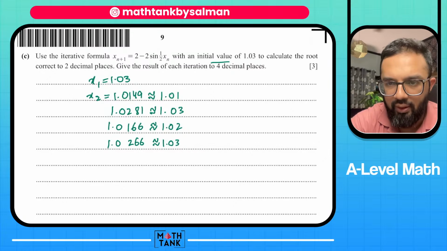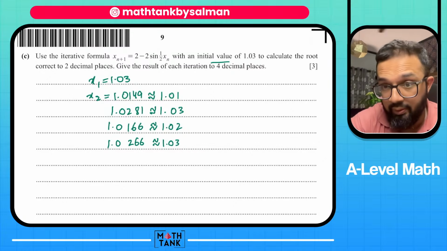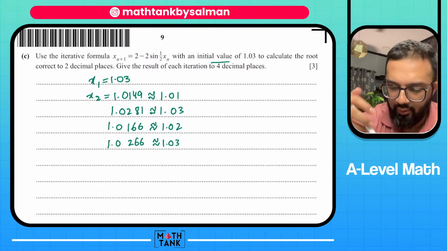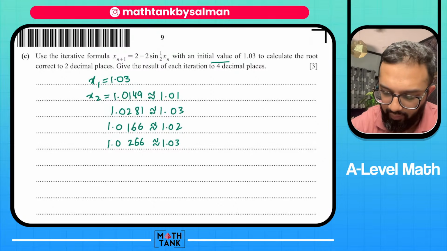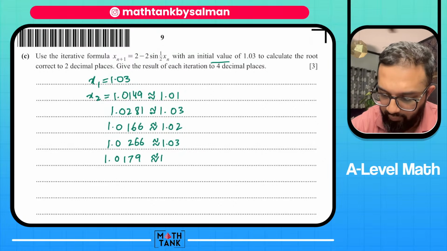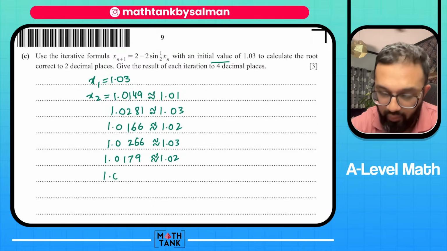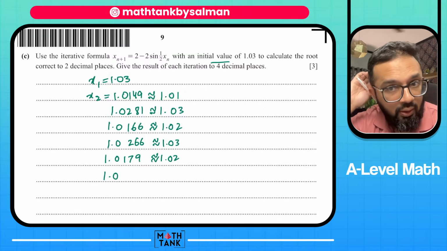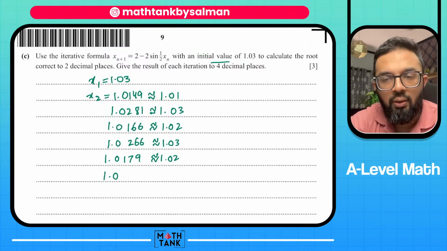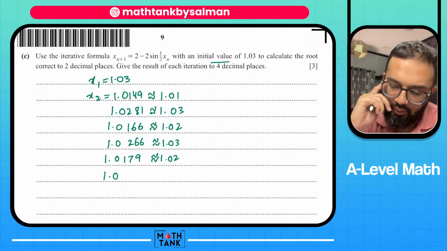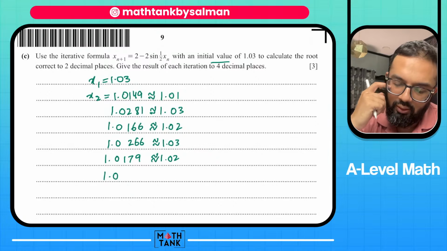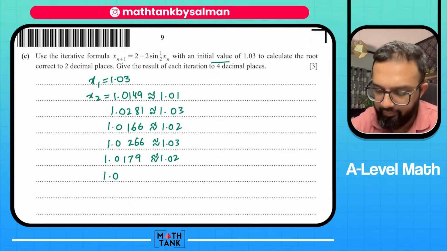Have I done something wrong? Let's see, 1.017902. Let me check why this keeps fluctuating.